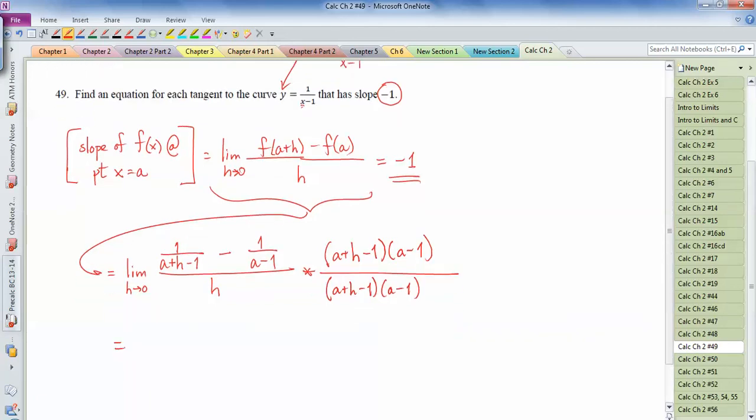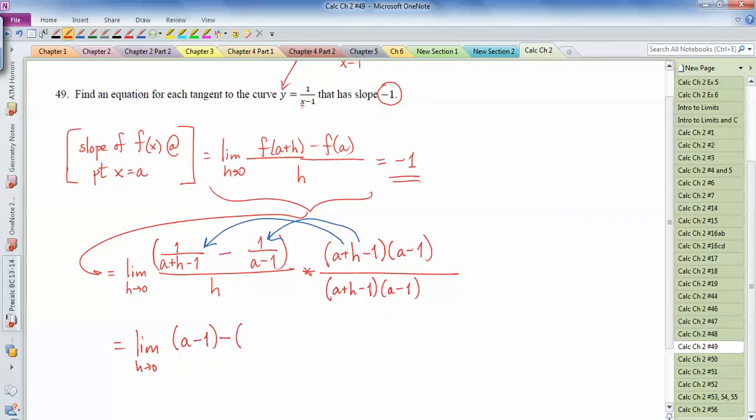So now, when I distribute to the numerator, when I multiply this over here, the a plus h minus 1's cancel, and I'm left with, first let me write limit, I'm left with a minus 1 for the first term. And then when I multiply the whole thing to this guy, the a minus 1's will cancel, and I'm left with a plus h minus 1.